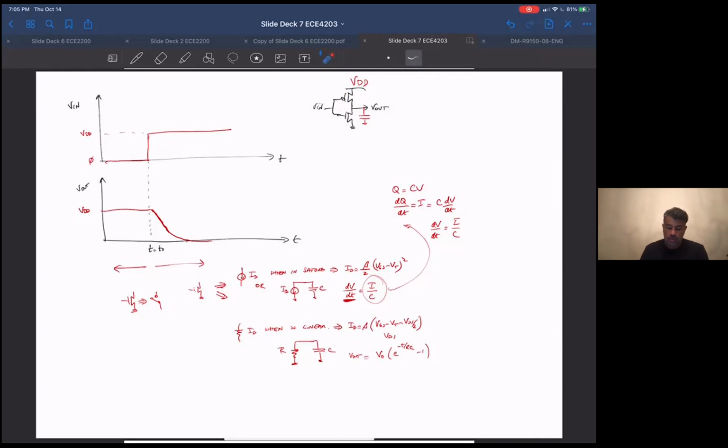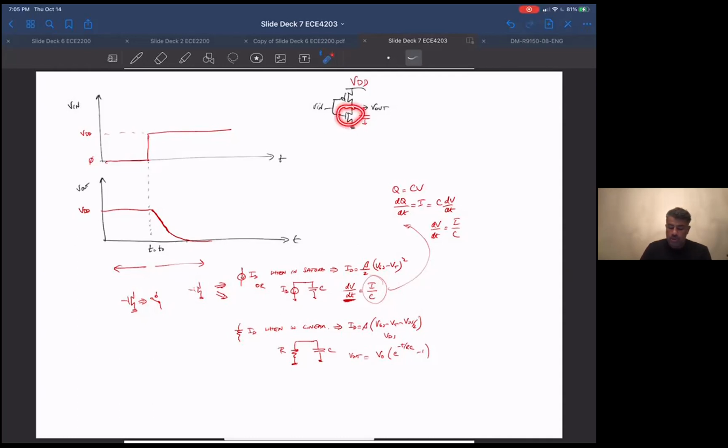So it makes things a little complicated, because initially the output is a high value. The reason the output is high is that previously the input was 0, the PMOS was on, and it made the output high. So when the input goes to VDD, initially the output voltage is high, so there's a large drain source voltage across the NMOS.